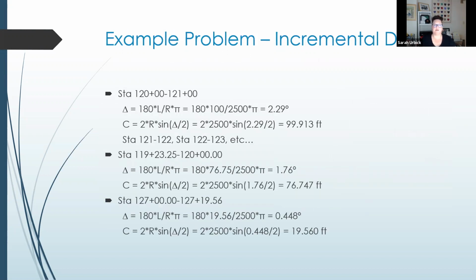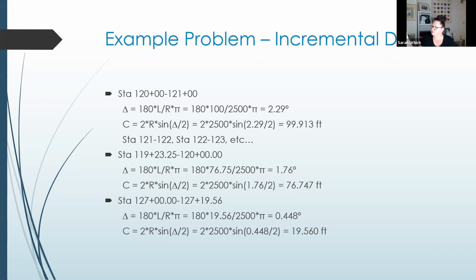So jumping ahead, we're going to calculate our interior angle for a full station from 120 to 121. We're going to calculate what our chord length is. That's all we need. In order to go survey this, we need our interior angle and we need our chord length. How far out do we go?